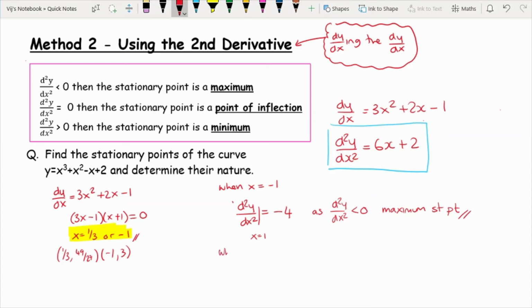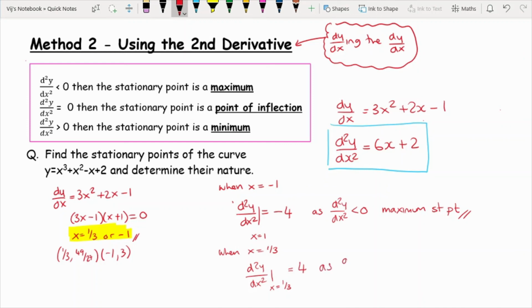And when x equals a third, then my second derivative is going to equal, well, 6 times a third gives me 2, 2 plus 2 gives me positive 4.